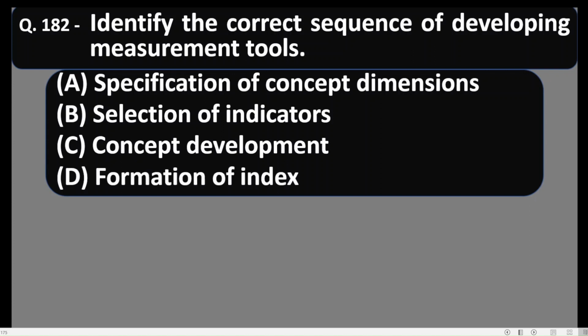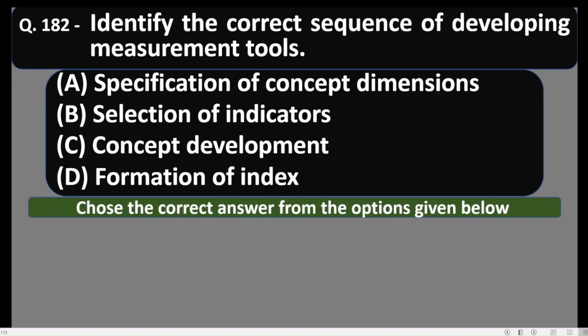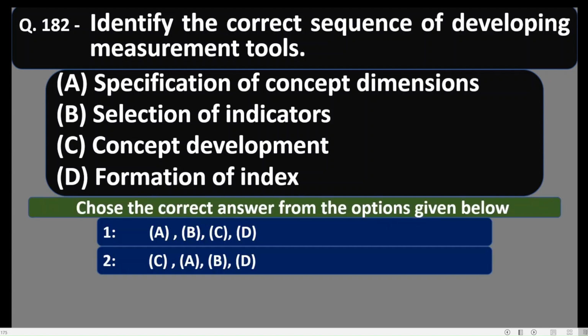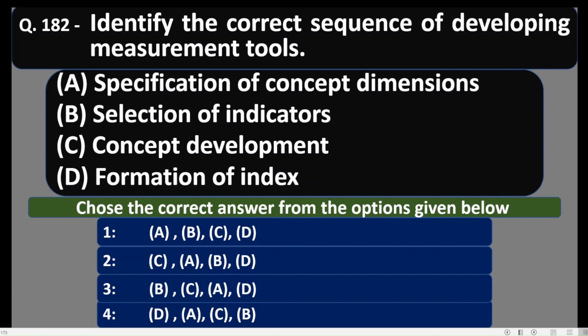And D. Formation of index. Friends, let us see the options. These 4 options are there. First, C, concept development will come. Concept is to be developed for preparing tool.